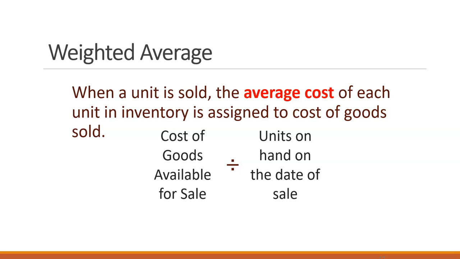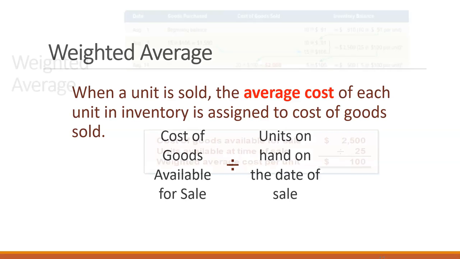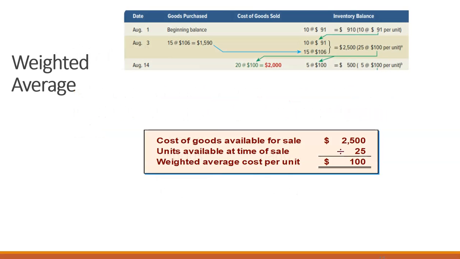With weighted average, we average our costs throughout inventory. So every time we add on a new purchase, we're going to average the cost of that purchase with the inventory that we already have in stock. So we see here with the 10 bikes in beginning balance, we had 10 bikes at $91.